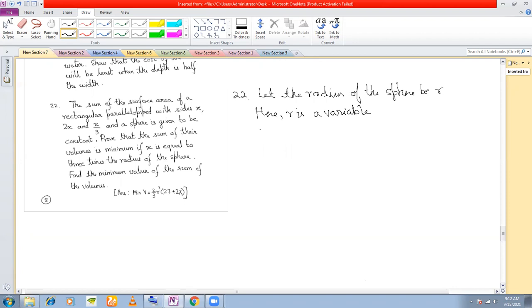Okay, so what should be the surface area of the sphere? Surface area of the sphere formula is 4 pi r square, right? Now, what should be the surface area of the rectangular parallelepiped?